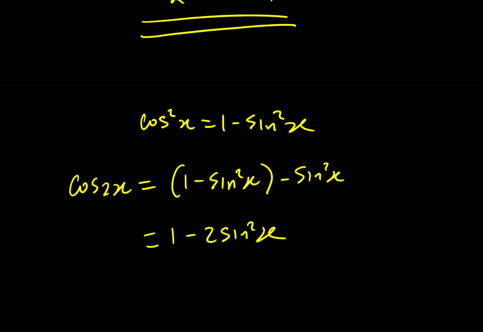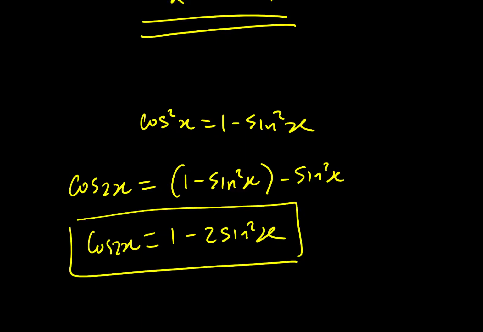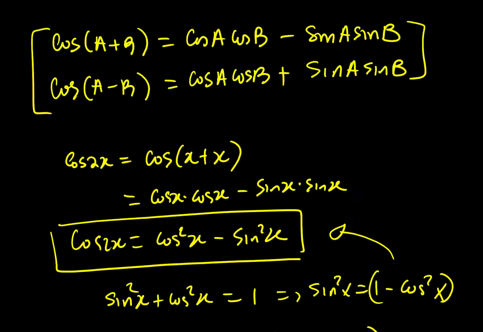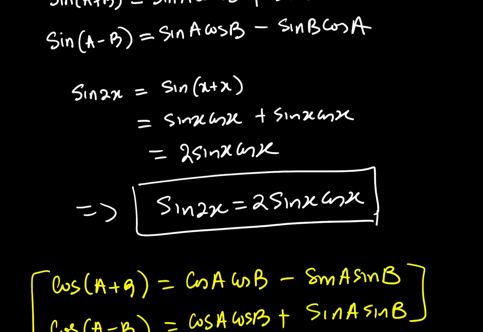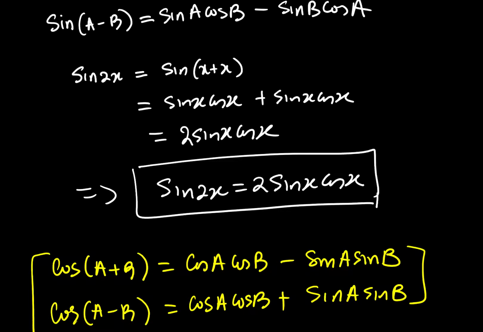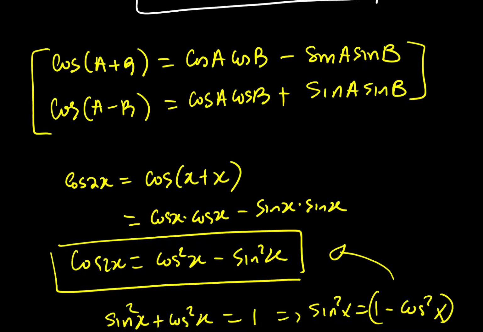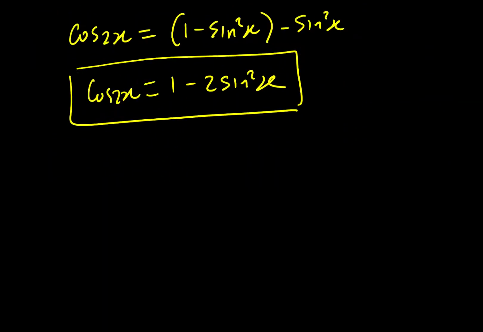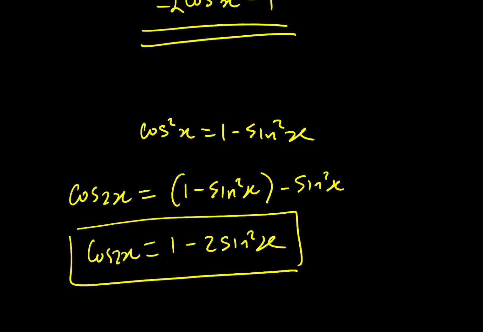So this is another way of representing cosine 2x. Now, while I may not bother you in class with so many of these derivations, my major objective here is for you to be able to remember this when you have to remember this. If you have any questions, please ask in the discussion forum.